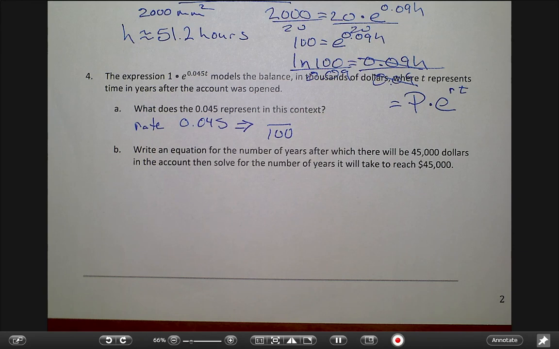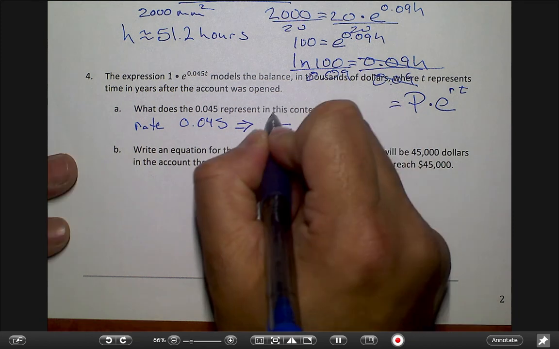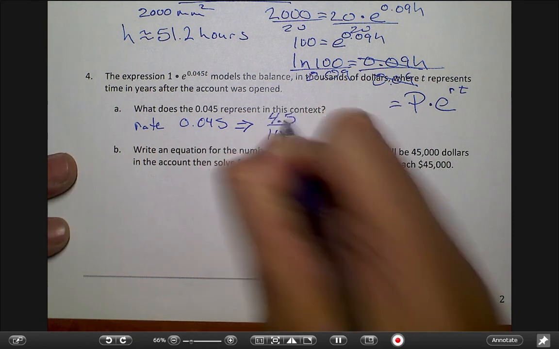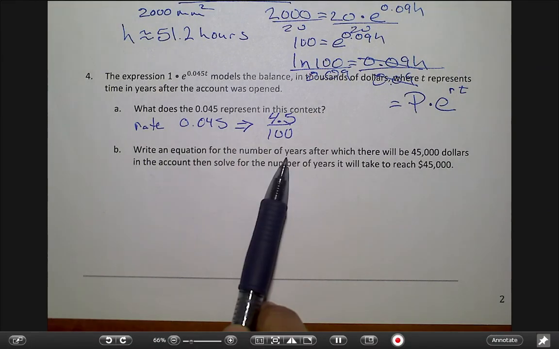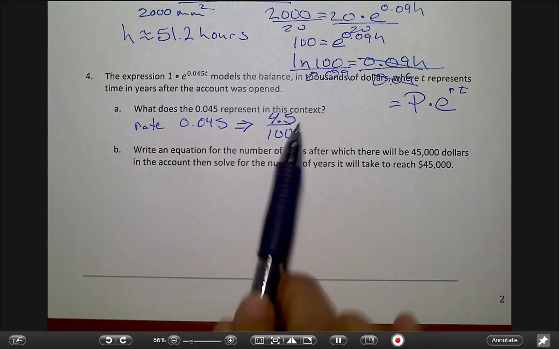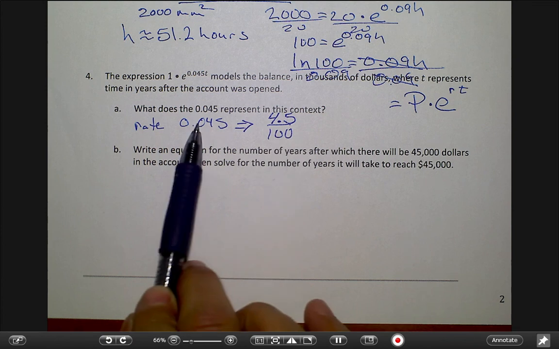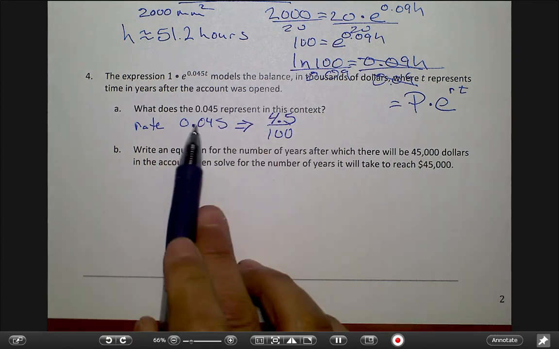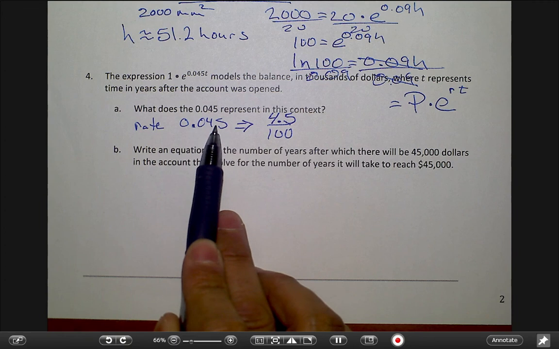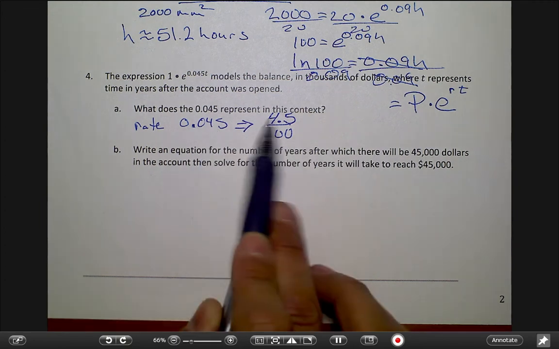No. 145? No, not 45. The reason why, if you take a look, it is going to be 4.5, because over 100, it's going to move my decimal over 2 spots. It's going to go 1, 2. So it puts us like this.